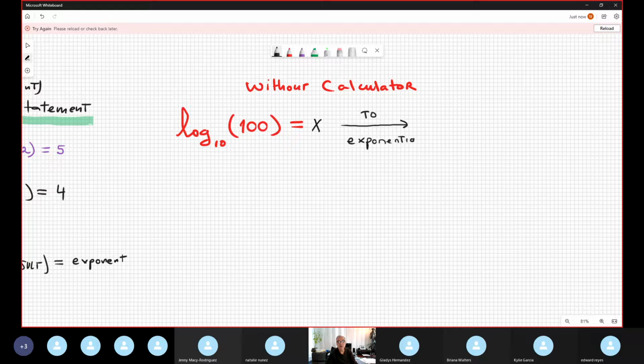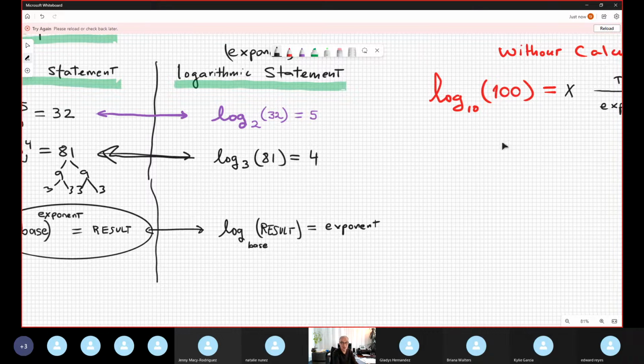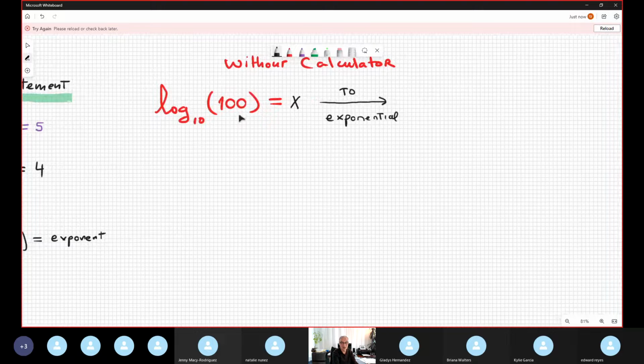It's similar to this picture, but in this case we are going from logarithmic to exponential, because I don't understand the logarithm very well, but the exponential is more clear for me.